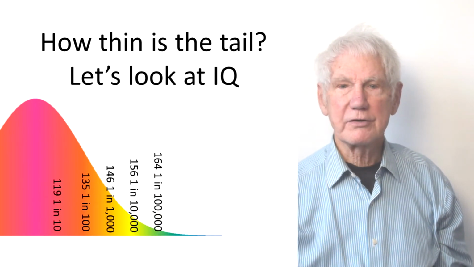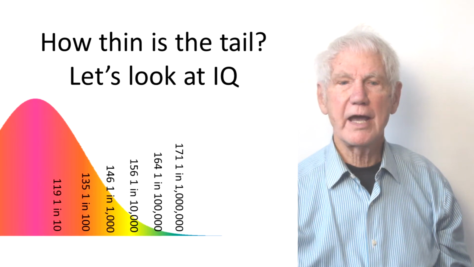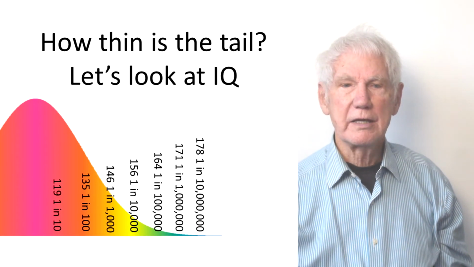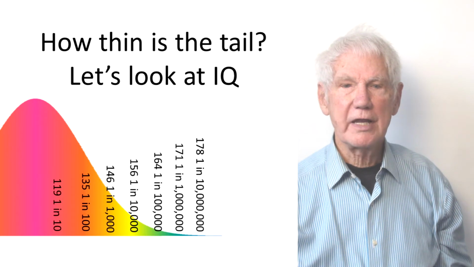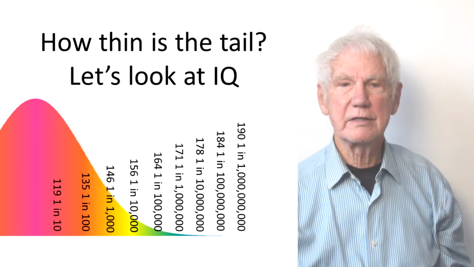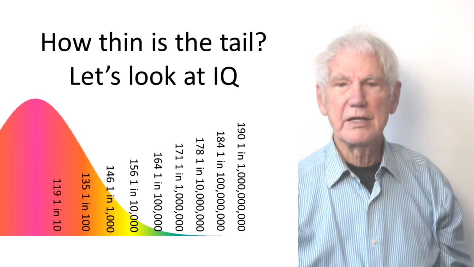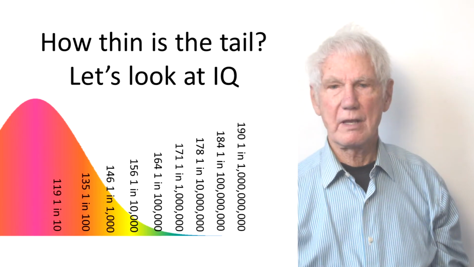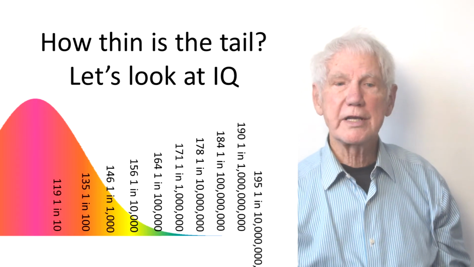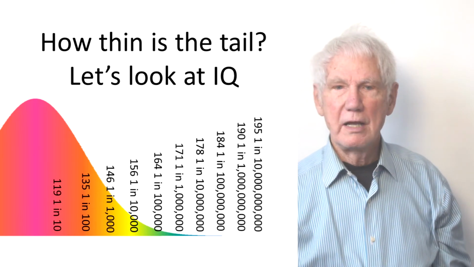When you get to 164, it's 1 in 100,000. You get to 178, it's 1 in 10 million. And when you get to 190, it's 1 in a billion. That's my first point. It gets rare as you go up.